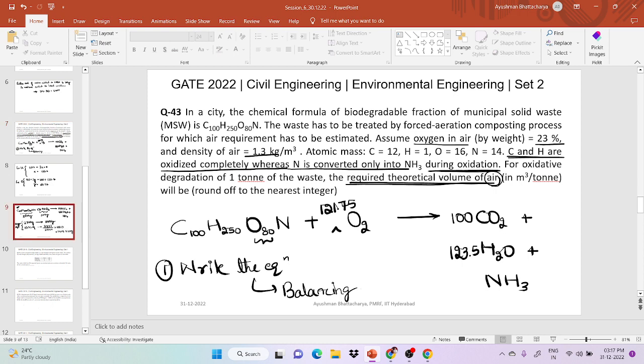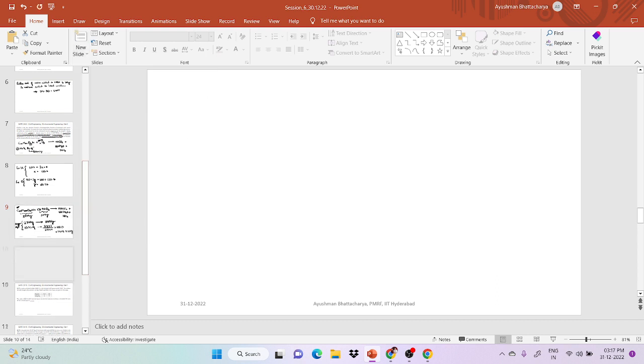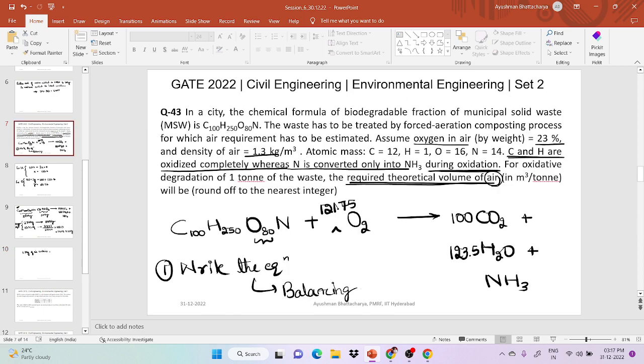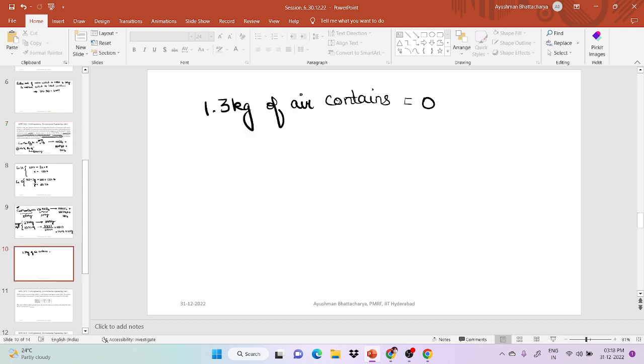So from there we can say 1.3 kg of air contains, based on the question, 23% oxygen. So 0.23 into 1.3 will give 0.299 kg of oxygen.